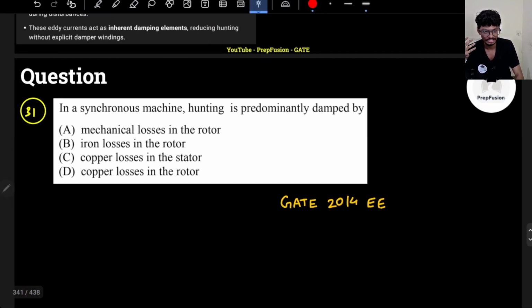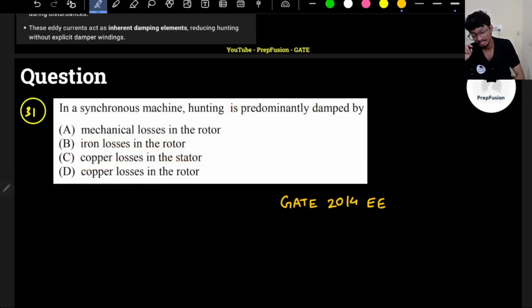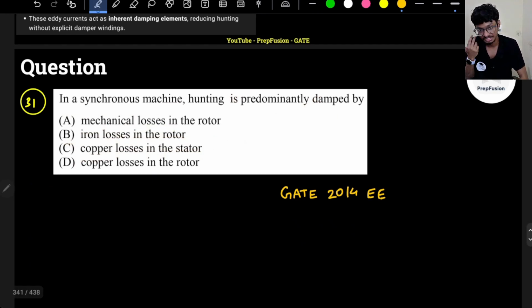A few theoretical questions have come in the GATE examination. So this is the first question. In a synchronous machine, hunting is predominantly damped by mechanical losses in the rotor, iron losses in the rotor, copper losses in the rotor, or copper losses in the stator. Basically, hunting is generally damped by the induced EMF on the rotor side, due to which some induced current flows, and that produces a reverse torque.